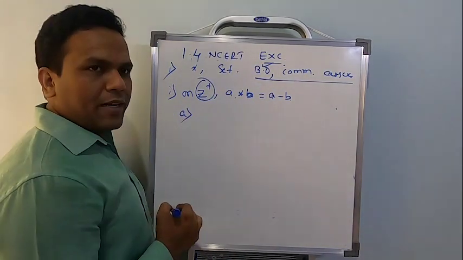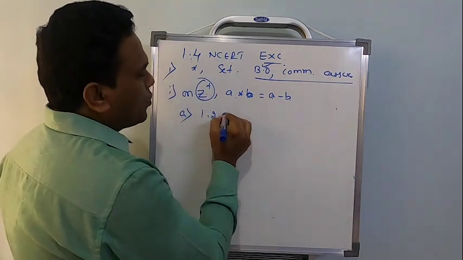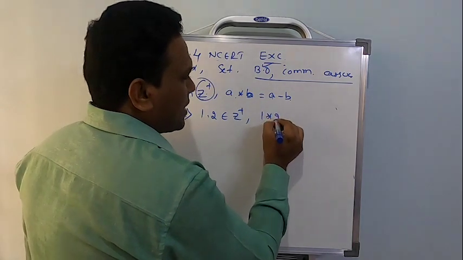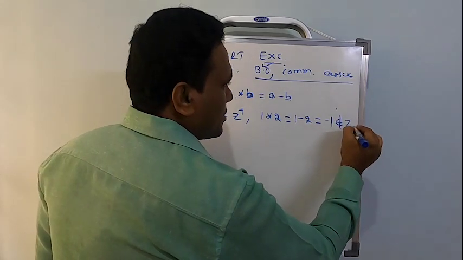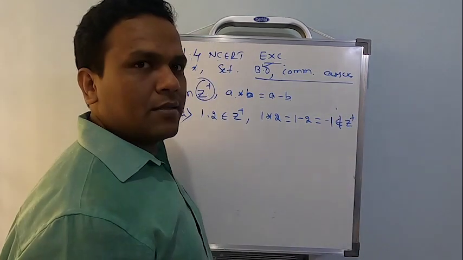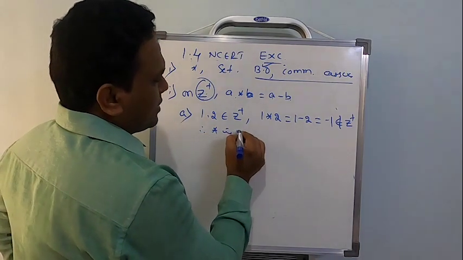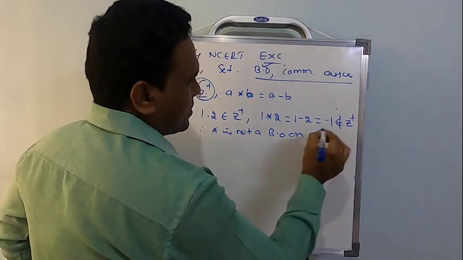Let me check for binary operation. Let me take 2 positive integers, 1 and 2. If I apply this definition, 1 star 2 equals 1 minus 2 equals minus 1, which does not belong to Z plus. Therefore, star is not a binary operation on Z plus.